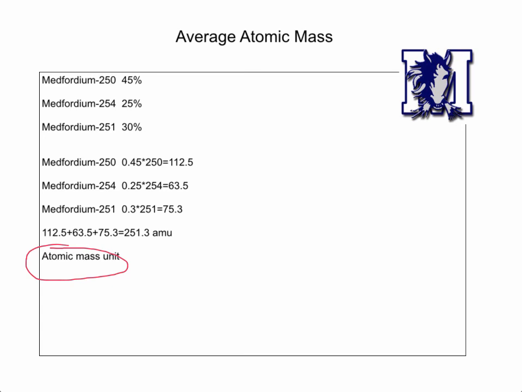So if I really wanted to, I could add up 250 45 times. I could then add that to 254 25 times, add that to 251 30 times, divide all of that by the total number of atoms, which would be 100, and I would actually get the same thing. And that's what this math is doing.